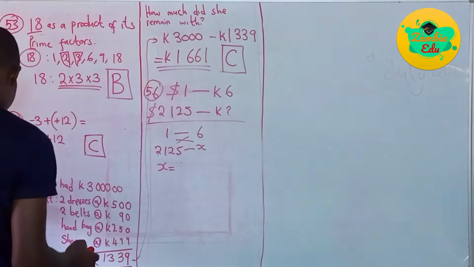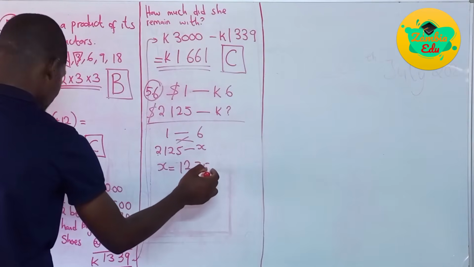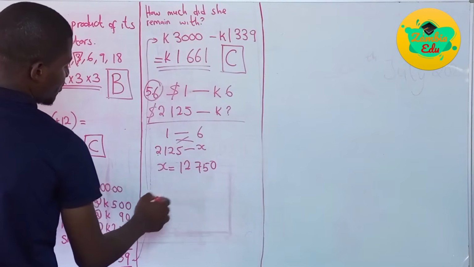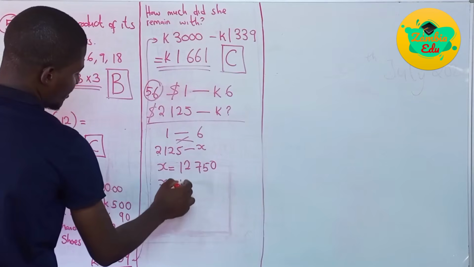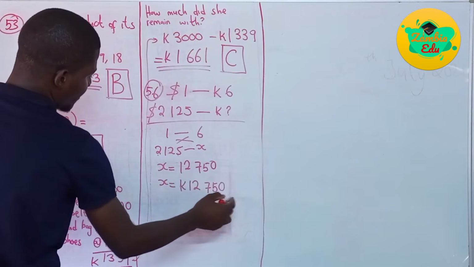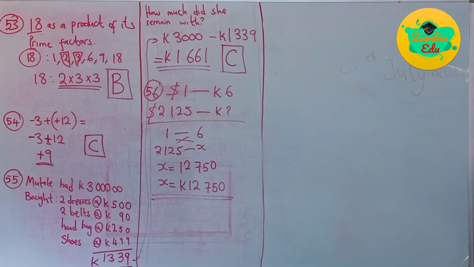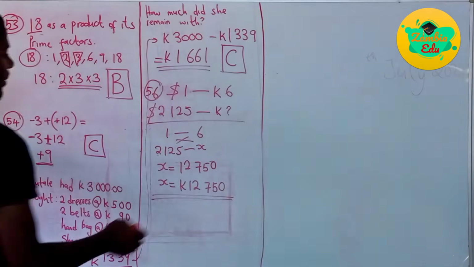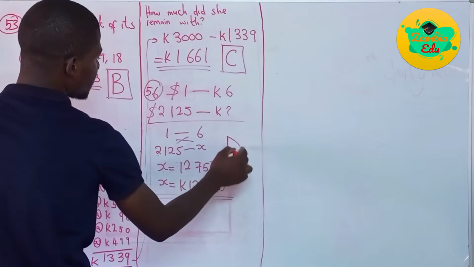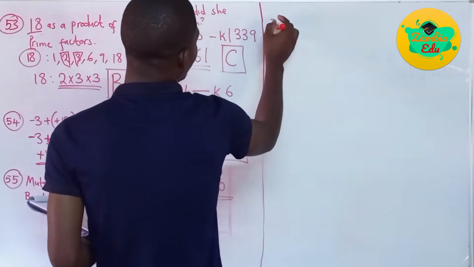You get your answer being 12,750. So the car would cost 12,750 in Zambian kwacha, and that was represented as option D. So our answer for question 56 was D. We go to question 57.